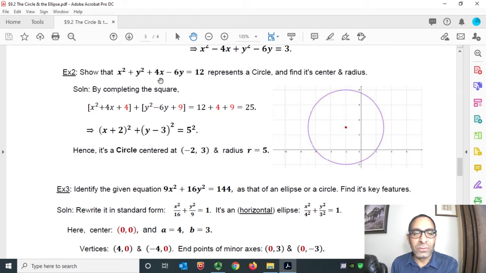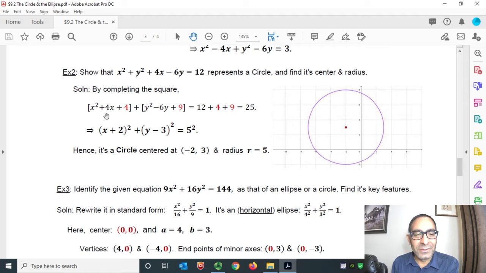The idea is we need to rewrite this equation using completing the square in the form of x minus h outside square plus y minus k outside square equals r square. Then we can compare that equation to the equation of a circle. Then h and k give us the coordinates of the center and r gives us the radius.